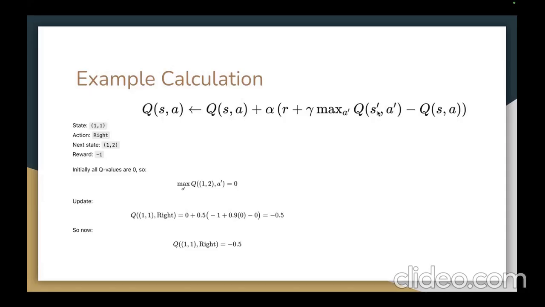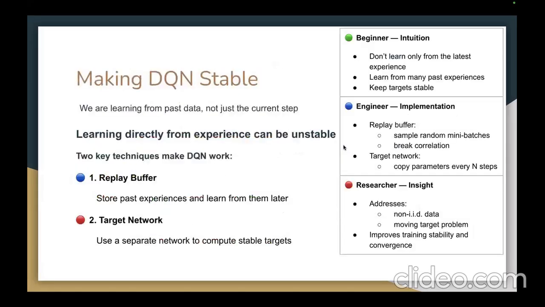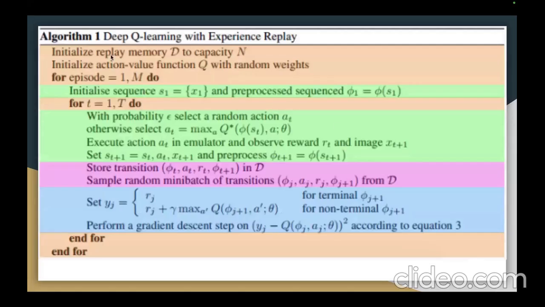And Q(s,a) is the prediction. And the loss function is just the difference between them, and then we average over many examples. Okay, great. Thanks.